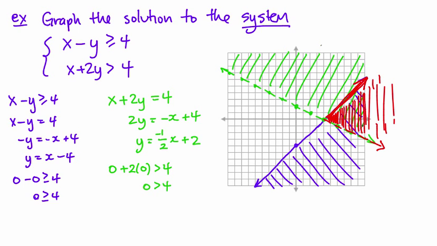Just shade in really darkly the final area of solution. And so any point that's in here will work. So this point will work because it's on this line. A point like this will work. This point is a solution. Points on this dotted line are not solutions because it doesn't include the dotted line. But there's lots of points that are solutions. If you tested any of those black points into these two inequalities, they would hold true for both. And that's all there is to graphing systems of inequalities.